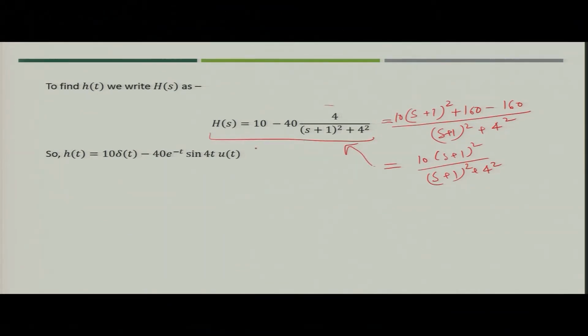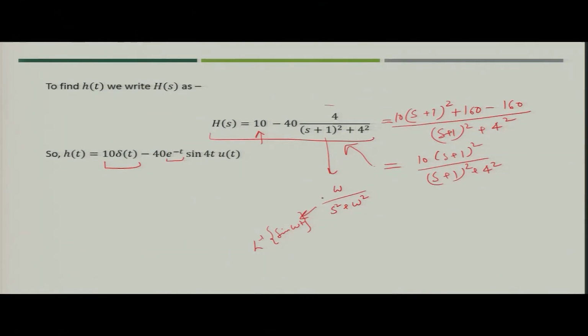So, when you arrange it in this form, the inverse Laplace transform of 10 is 10 multiplied by the unit impulse function, minus 40 into, since we have a frequency shift, that is s plus 1, this becomes e^(-t). Then you can see this as omega upon s^2 + omega^2, which is the Laplace transform of sine omega t.